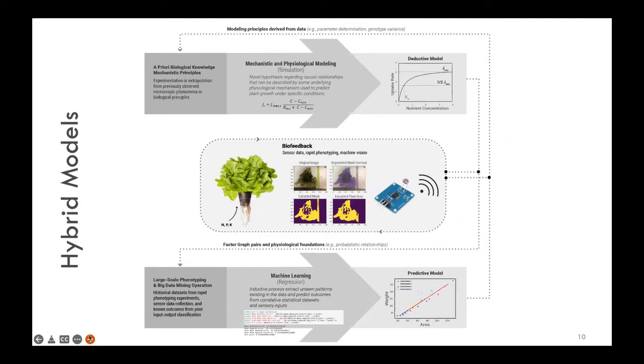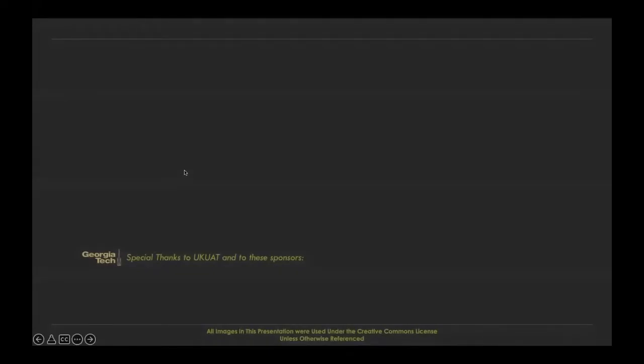And I'm hopeful that in the coming weeks and years, it will become more prolific, and we'll be able to integrate efforts from academia and industry, and come to some more robust models so that we can more tightly control the grow environment and more tightly improve the environmental impacts of controlled environment agriculture.